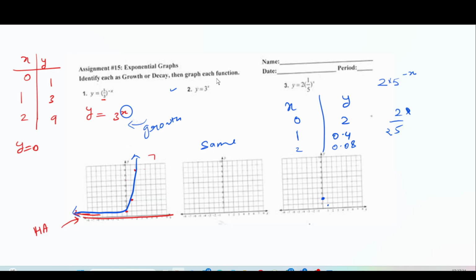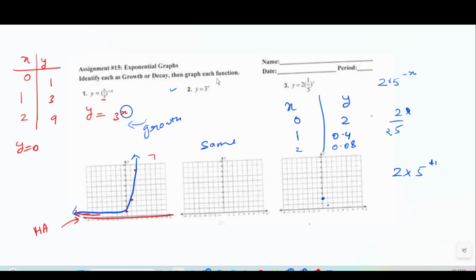Can we actually go into the negatives? Yeah, because once we get 1 comma 0.4, 2 comma 0.08 kind of becomes useless. Okay, let's take negative 1. I think negative would be easier. So 2 times 5 to the power negative 1, a negative negative will become positive.